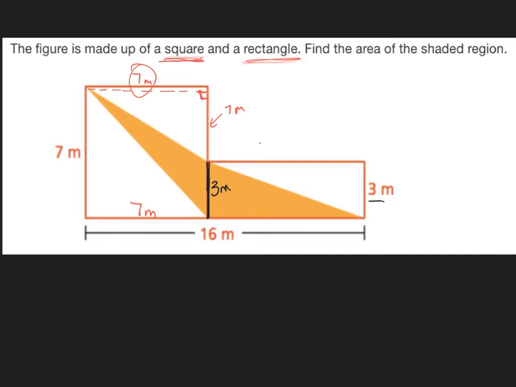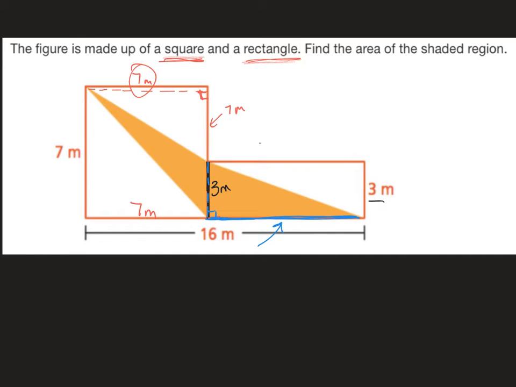Now, on this right side, we could look at it two ways, but either way, we need to figure out what this part right here is. Now, that is either the base and this is the height. In fact, let's just say that 3 is our height, and we need to figure out what this section is here.